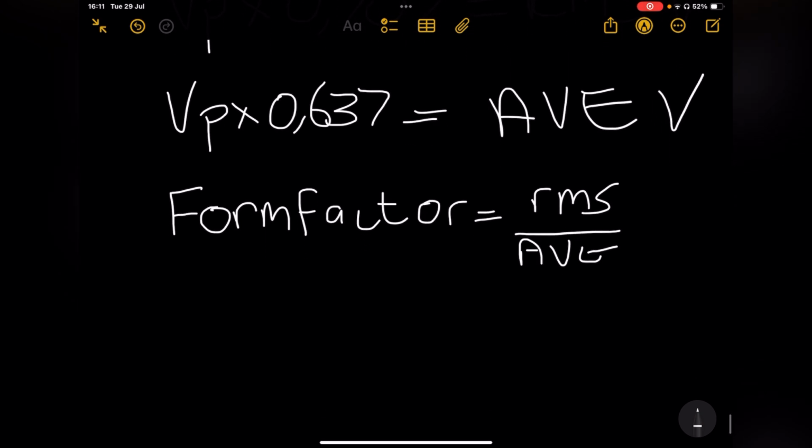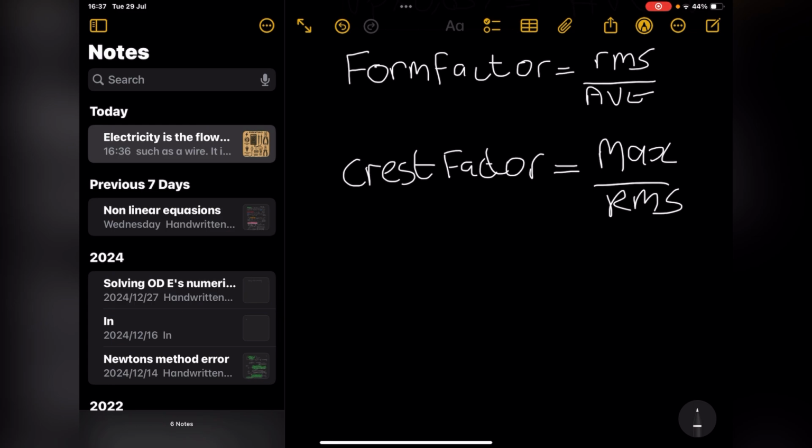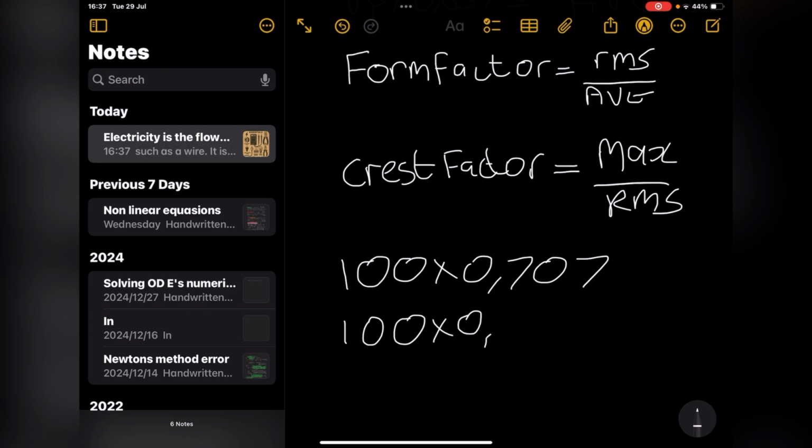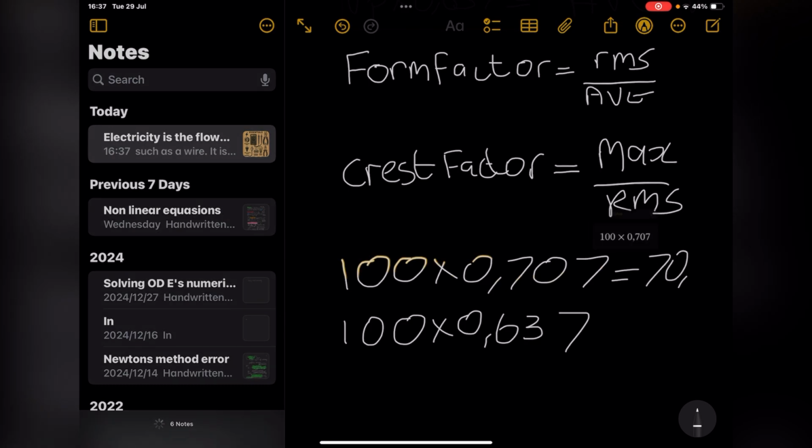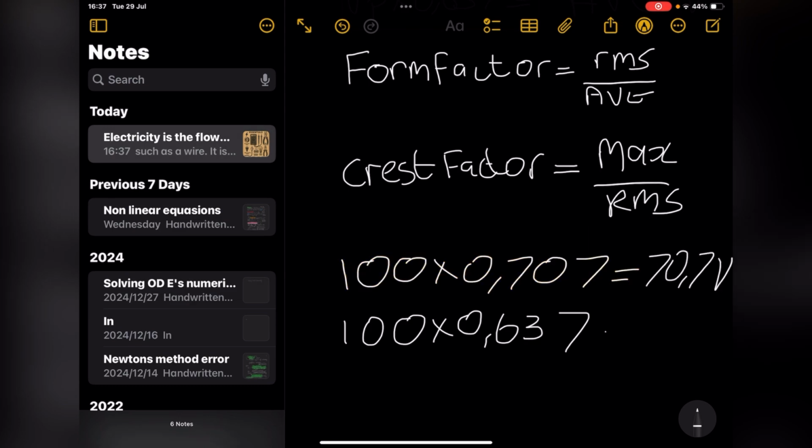Easy, we insert it into the formula. The ones we don't know are what is the RMS and what is the average value, right? 100 times 0.707. 100 times 0.637, if you remember. So this will basically be 70.7 volts. And this one over here will be 63.7 volts.